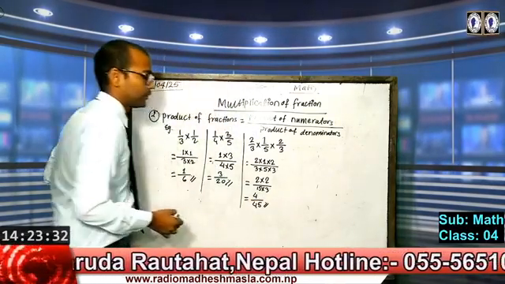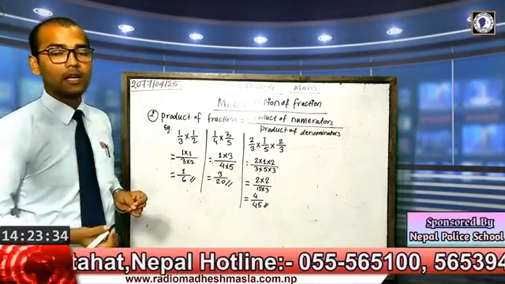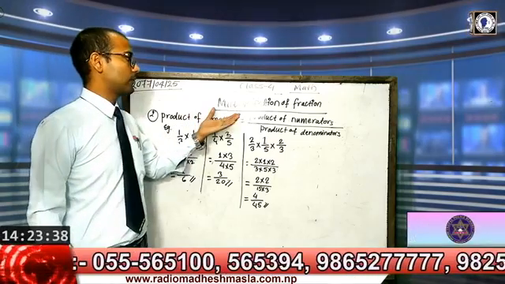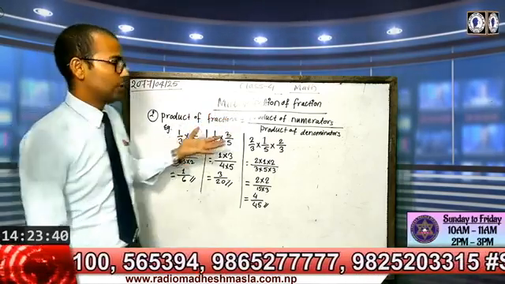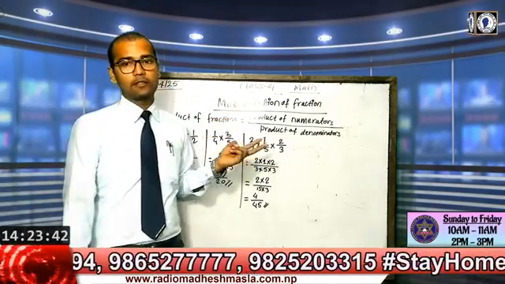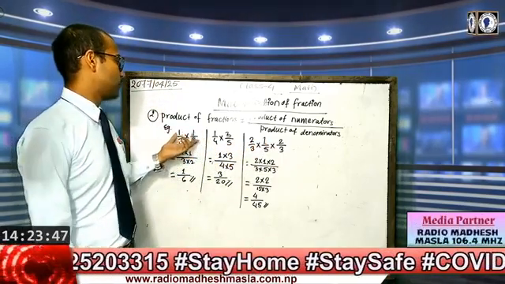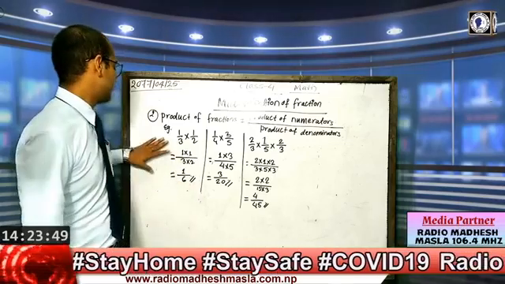Students, you can do it like this also. In the multiplication of fractions you can use these two formulas, and then you can find the product of the given fractions.